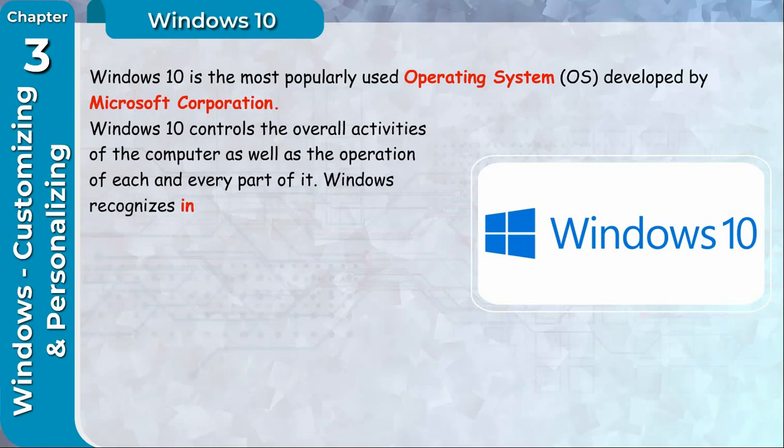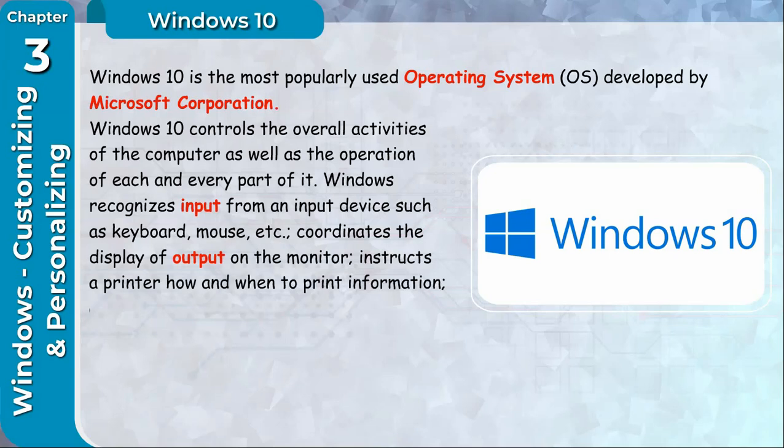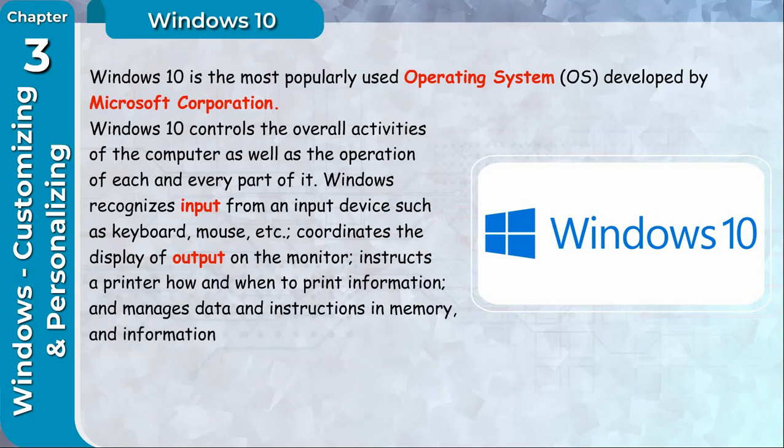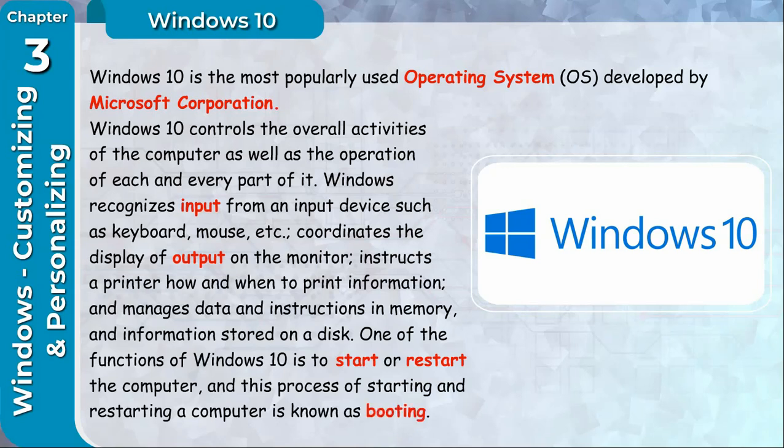Windows recognizes input from an input device such as keyboard, mouse, etc., coordinates the display of output on the monitor, instructs a printer how and when to print information, and manages data and instructions in memory and information stored on a disk. One of the functions of Windows 10 is to start or restart the computer, and this process of starting and restarting a computer is known as booting.